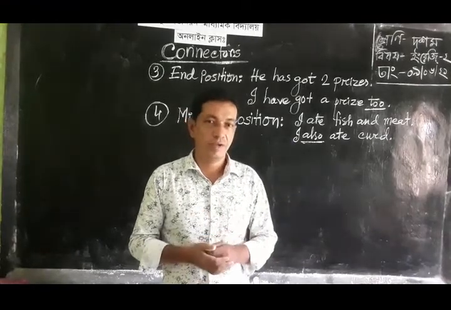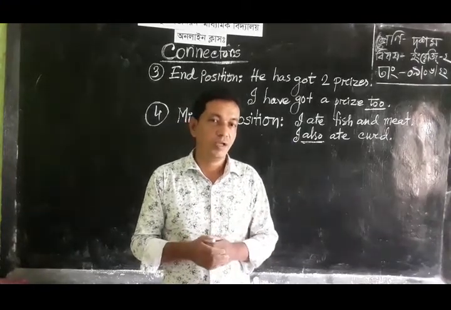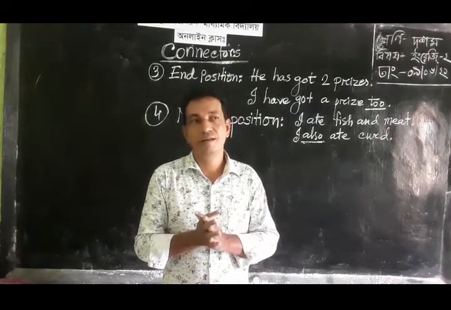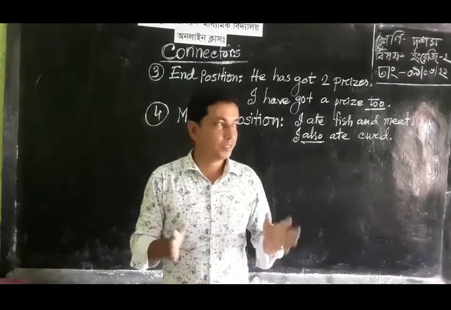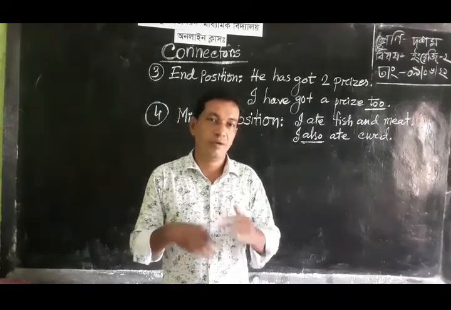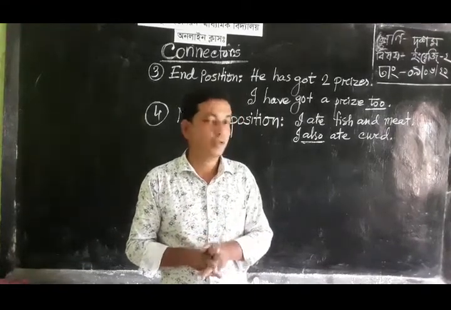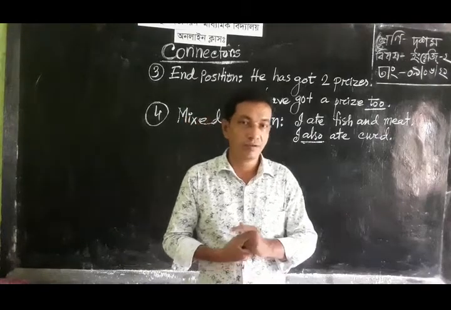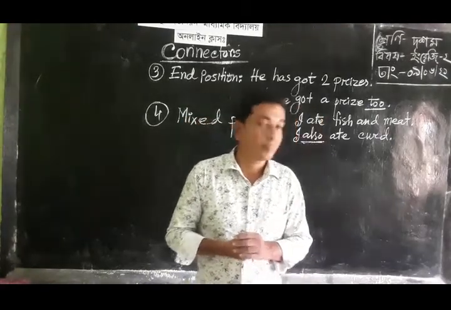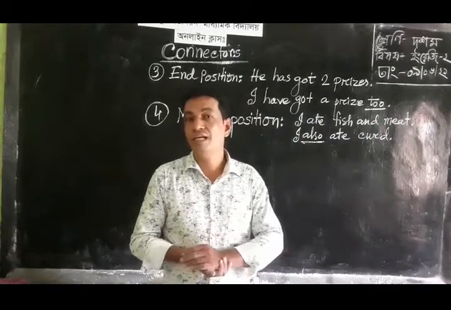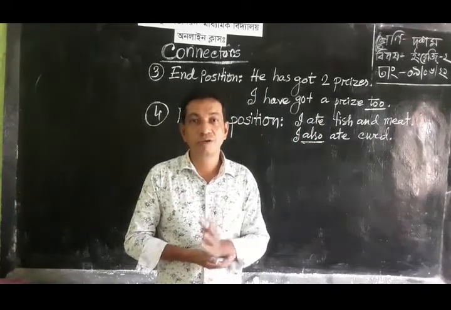These 4 types of position of connector may be seen in different types of sentences, different types of paragraphs, or any composition in English literature, English grammar. And that's why we must know the idea of position of connector.